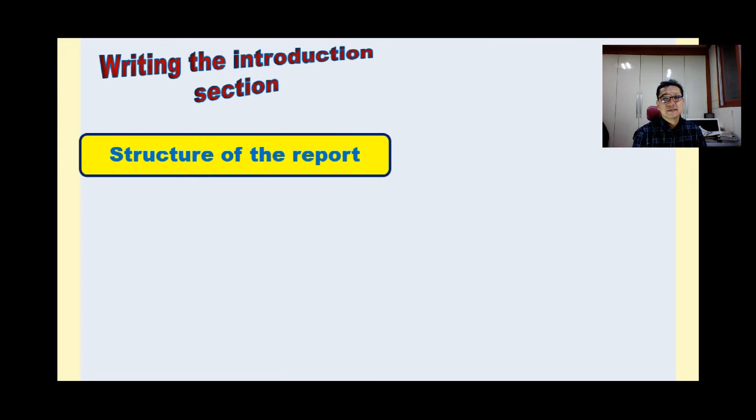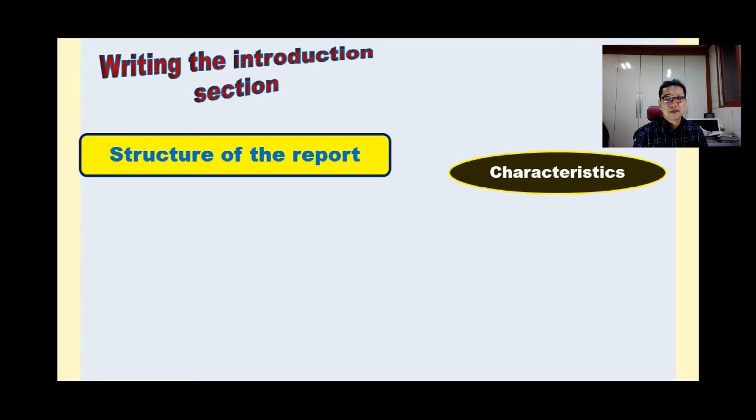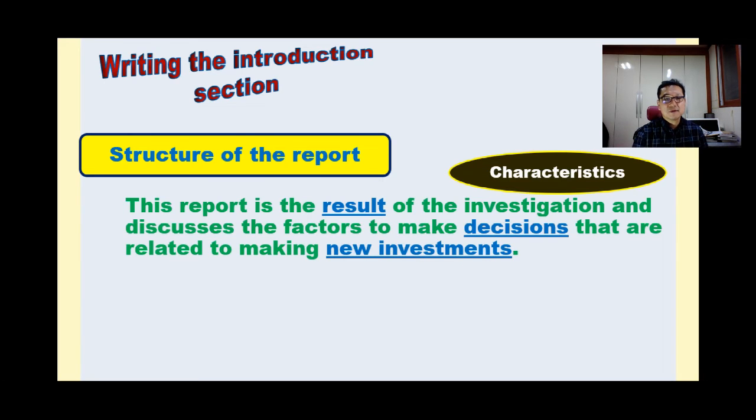The second section of the introduction is structure of the report. The first step for this section is characteristics. We can say this report is the result of an investigation and discusses the factors to consider in making decisions related to making new investments. And here goes the second step, which is first section.